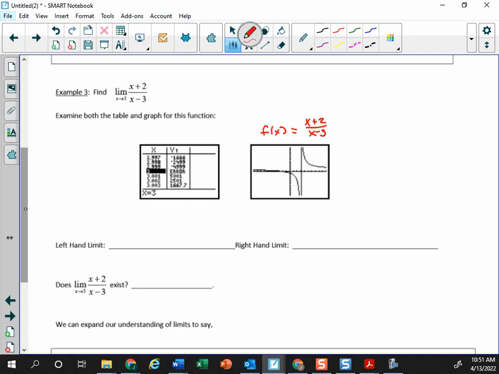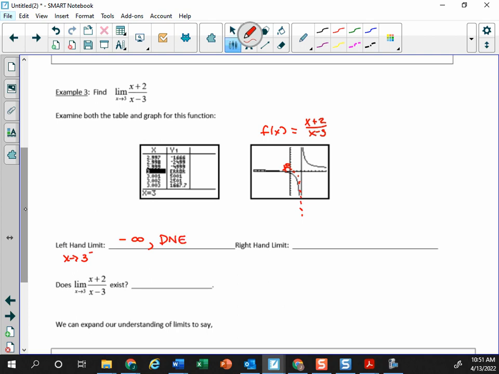So the left-hand limit. As I come from the left side, in other words, as x approaches 3 from the left, where is my guy going? Negative infinity. Okay. We're also going to add to that does not exist.